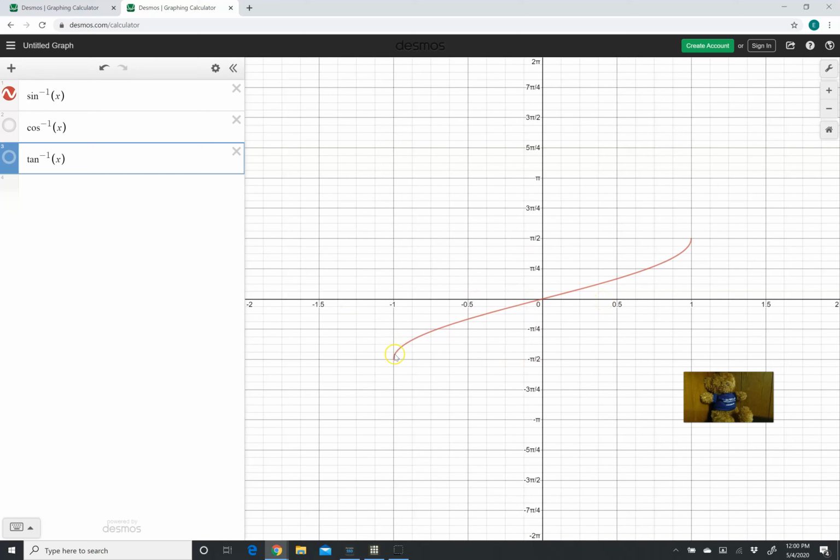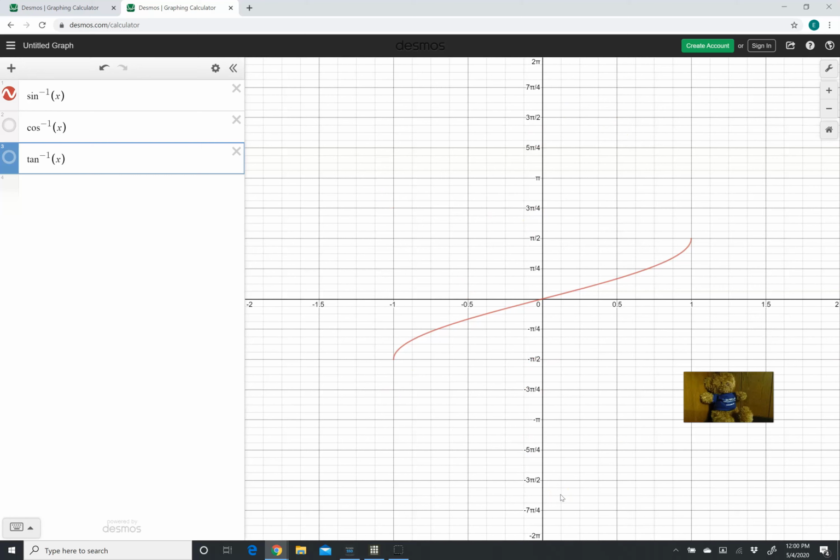And again, it only goes from negative pi over 2 to pi over 2. That's the range. So the domain is now negative 1 to 1, but the range of the graph is just negative pi over 2 to pi over 2. And the reason we do that is, again, because all of these values would be repetitive. You don't have to repeat them all, and you want it to be a function.